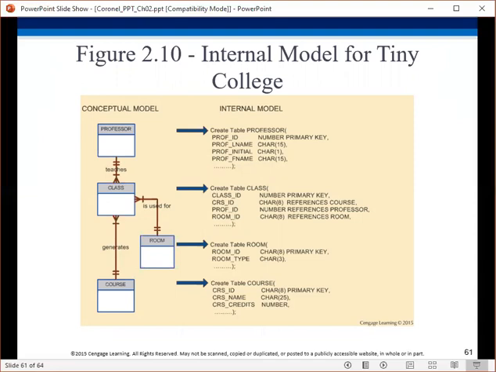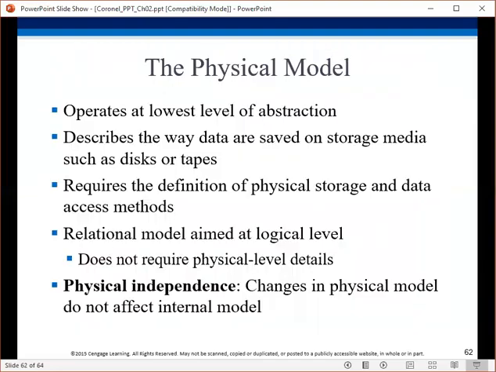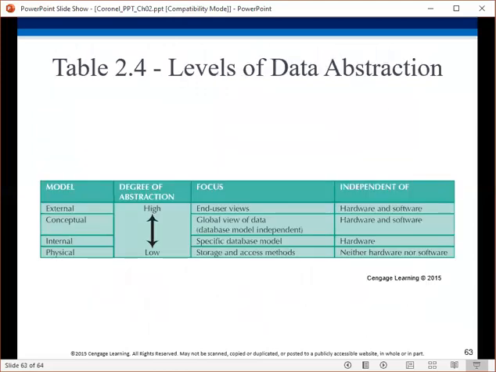Professor's name is a character up to 15 characters long, and so on with the other create table statements. And the physical model operates at the lowest level of abstraction, and it's the way the data is saved onto storage media, which is disks. And we have the degrees of abstraction from low to high, which go physical, internal, conceptual, and external.